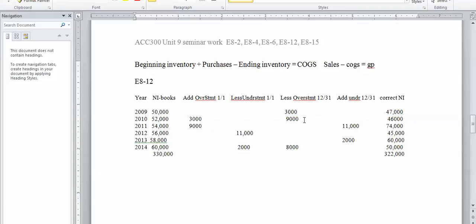Now that 3,000 is going to affect the net income next year, because it's going to affect the next year's beginning inventory. So we see here that 3,000 is overstated at the beginning, 1-1. Our net income is 52,000, but this error from last year flows into the next year and gives us a problem.